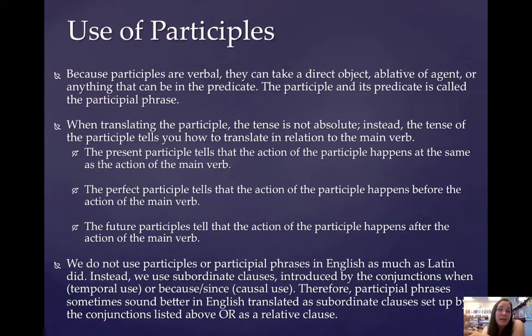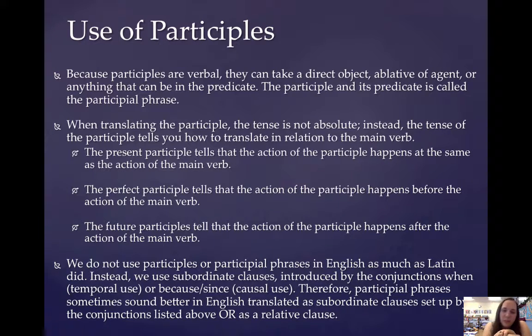Ran is in the perfect, which means that the present participle having heard, audiens in Latin, is translated to occur at the same time as the action of the main verb. Since the main verb is perfect, you would translate this present participle as a perfect.